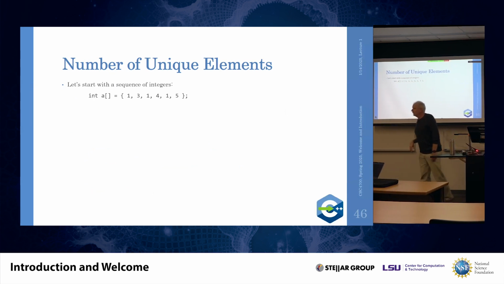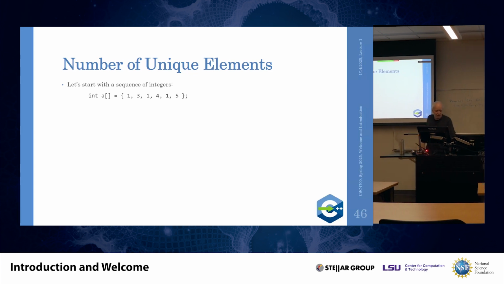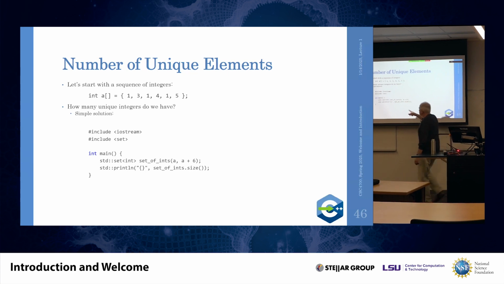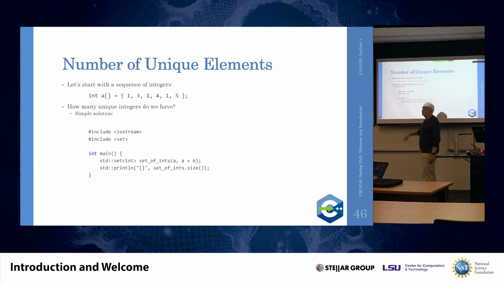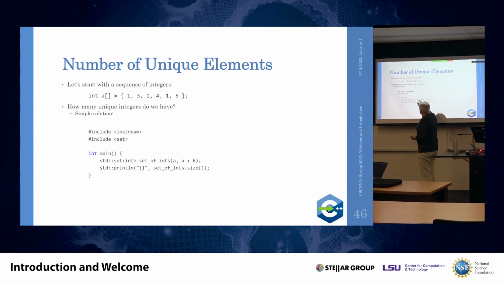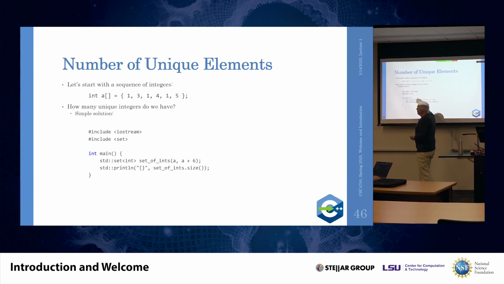By the way, if you read textbooks, they will definitely do exactly what you suggest. They will use a set, which is a tree implementation that guarantees uniqueness. By initializing that set from all elements between begin and end, which is a and a plus 6 because we have 6 elements, it will insert only the unique numbers.